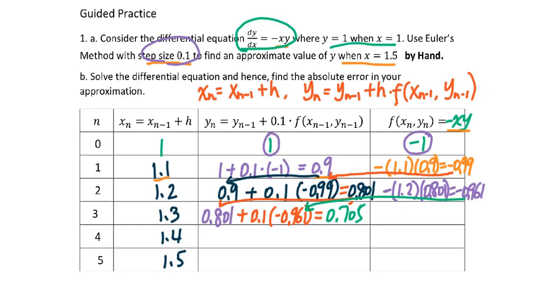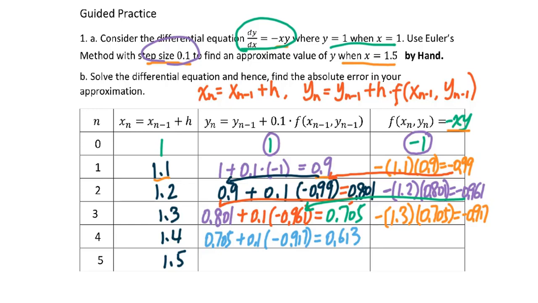0.705. Then for the negative sign, 1.3 times 0.705, you will get negative 0.917. So keep doing. Here is 0.705 plus 0.1 times the slope, that's negative 0.917. You will get 0.613.